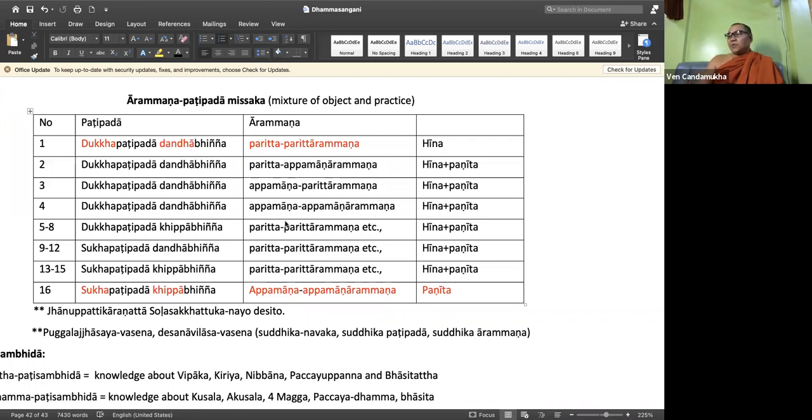So in the commentary, they are giving the explanation: Tattha paṭhamaṃ yeva kāraṇaṃ dukkhā paṭipadā dandhābhiññā parittā parittārammaṇattā. That means because of four reasons, all four reasons are very weak, not on the favorable side.